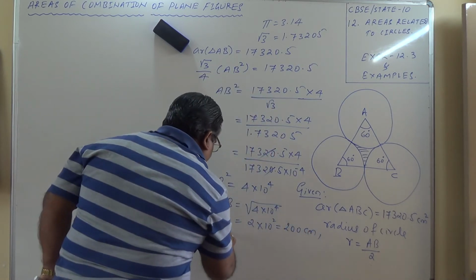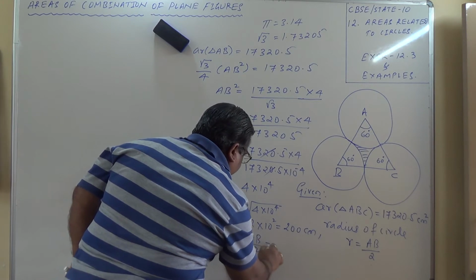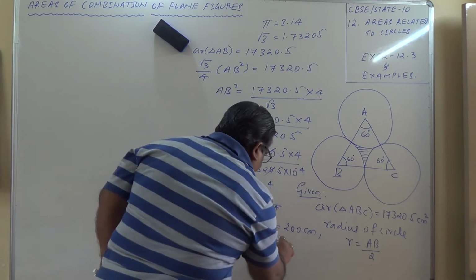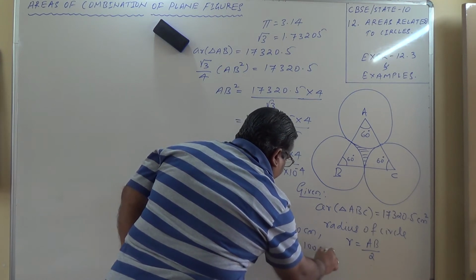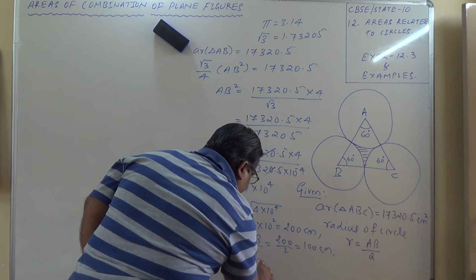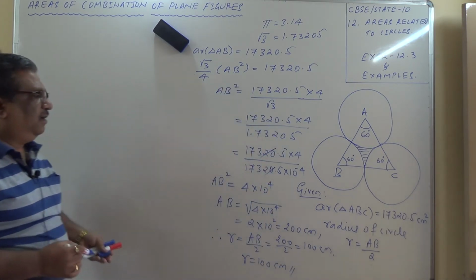centimeter. Therefore radius of the circle equals AB by 2, which is 200 by 2, which is 100 centimeter. So we got the radius as 100 centimeter, the radius of the circle.